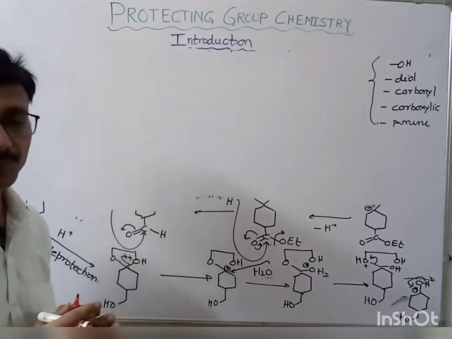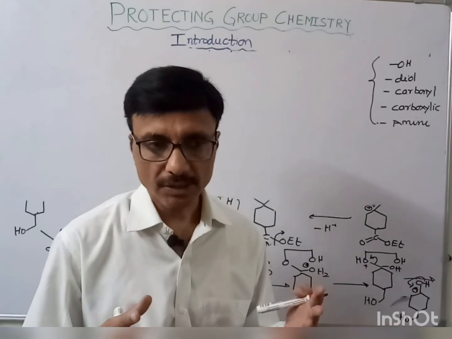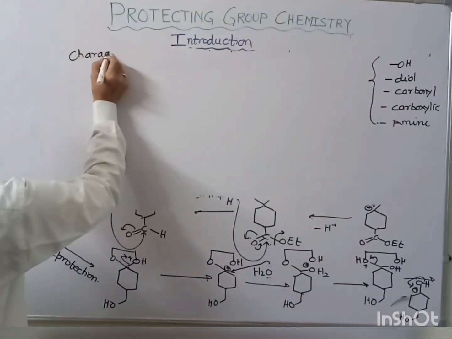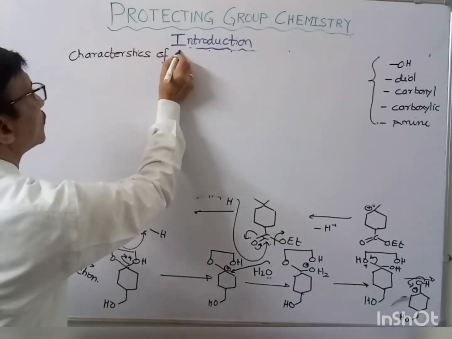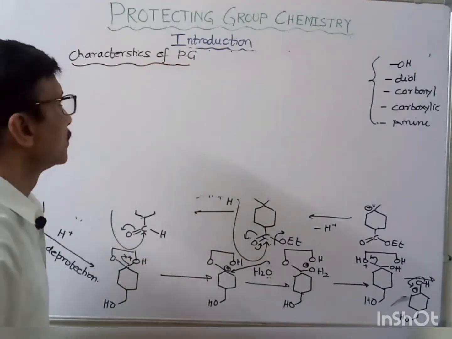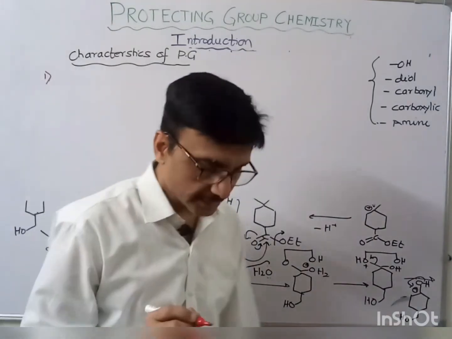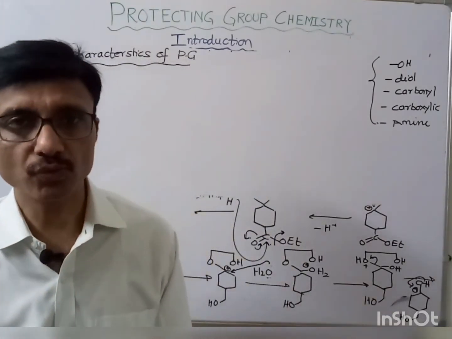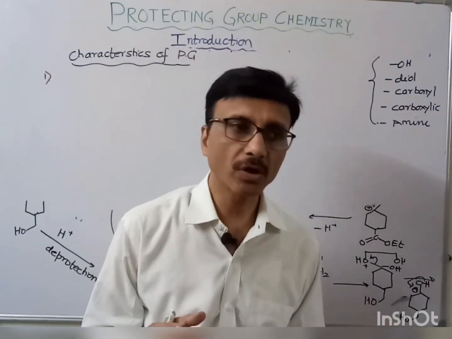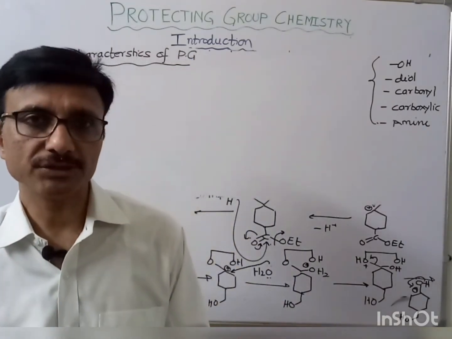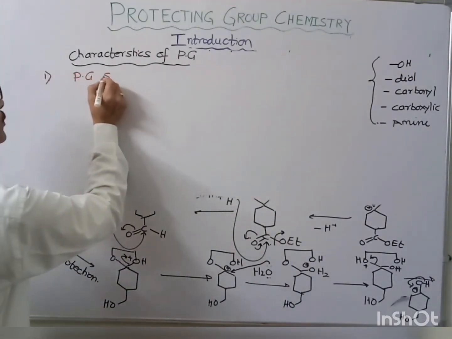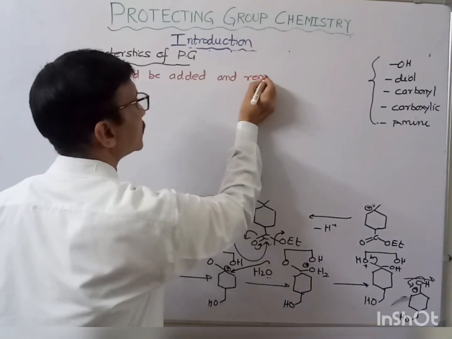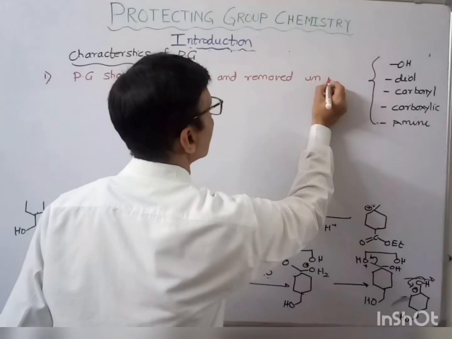So what are the characteristics of protecting groups? What features should the protecting group have? The first one is that the protecting group should always be added under mild conditions, meaning the condition should be neither too acidic nor too alkaline, and it should also be removed under mild conditions. So the protecting group should be added and removed in mild conditions.